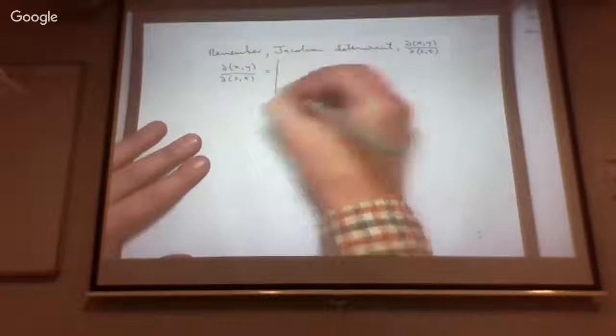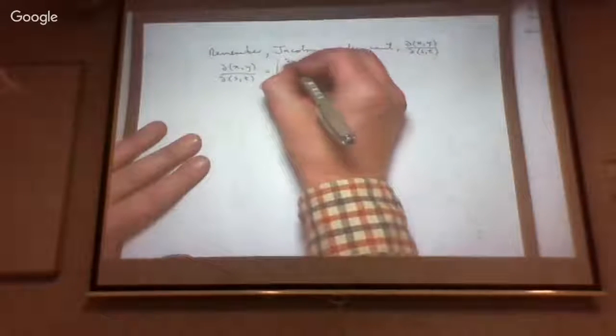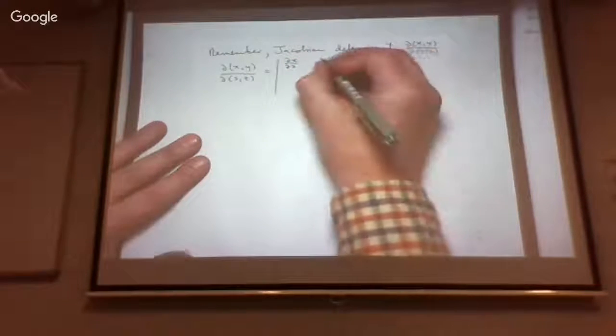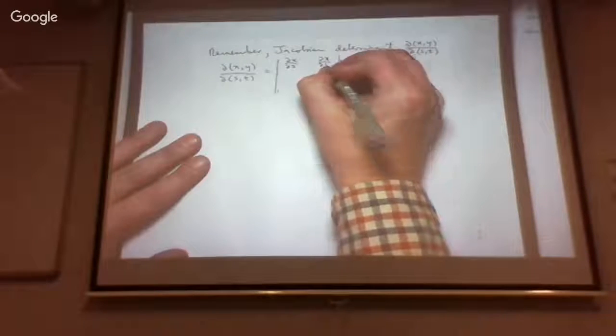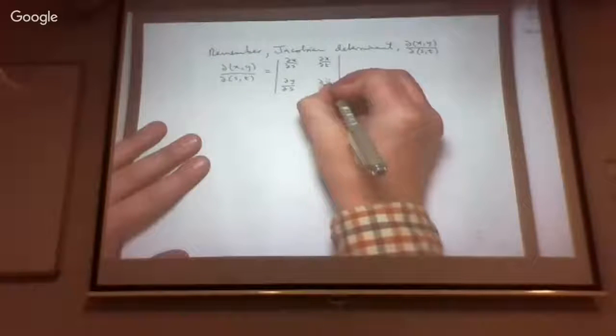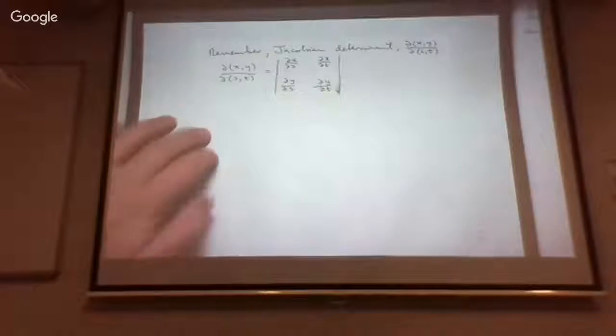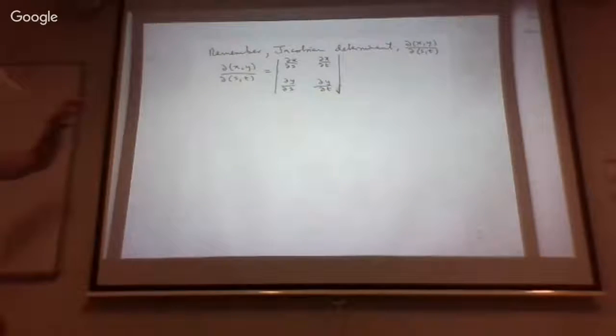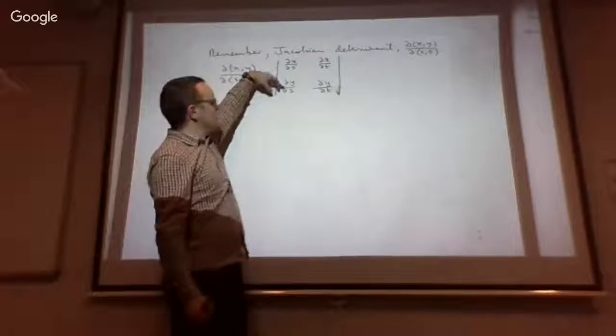The Jacobian determinant was the determinant of the 2 by 2 matrix of partial derivatives. Where the variables on top, the old variables, if you will, the x and y, they index the rows.